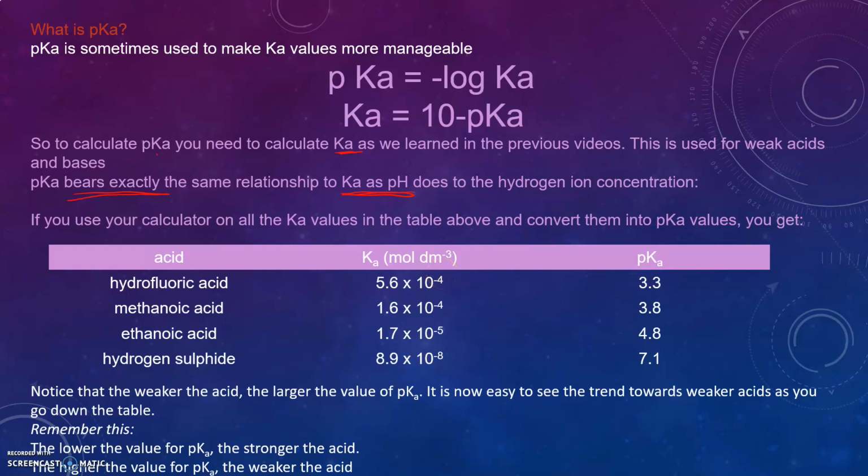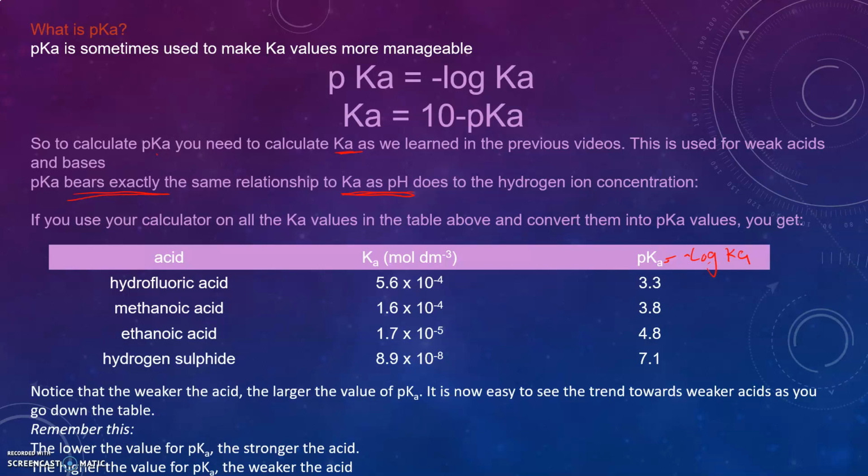The pKa, which is the minus log of Ka, gives that value. Now look at those values and tell me what you notice. Notice that as the acid gets weaker, the value of pKa increases.